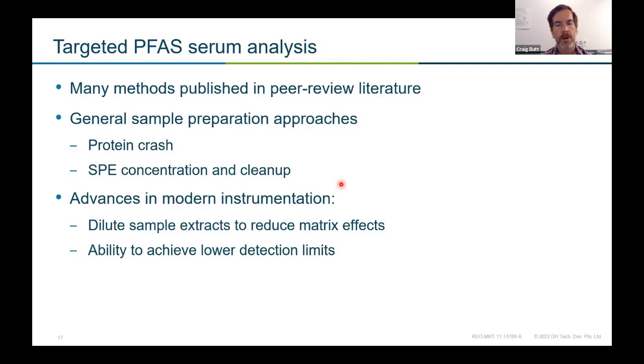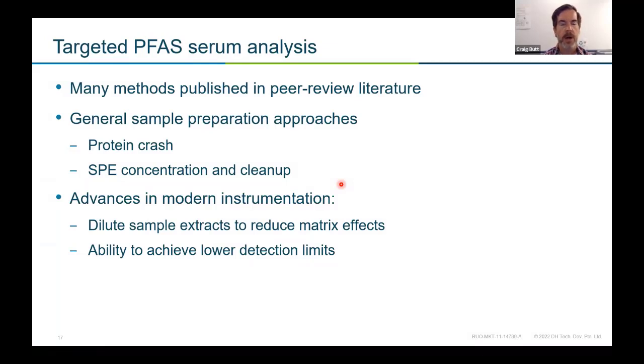Now, modern technology, certainly since I started doing this back in the mid-2000s, our advancements in technology have allowed us to achieve much lower detection limits. As well, it has allowed us to use smaller volumes of serum, right, which is often important in terms of practical handling as well as sampling possibilities.